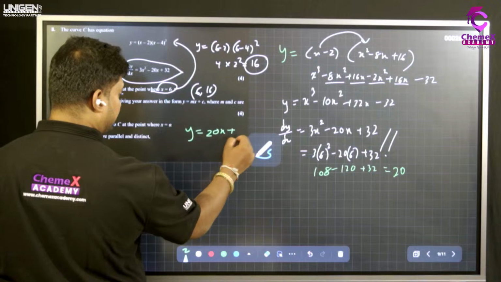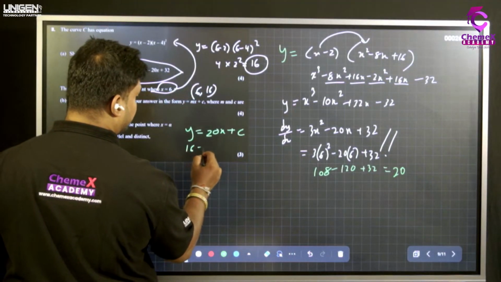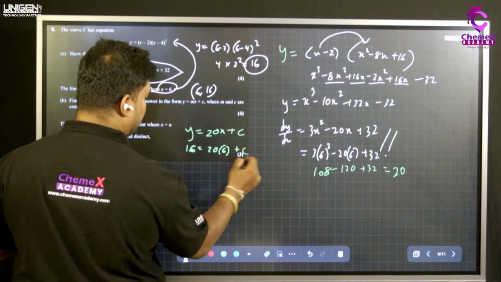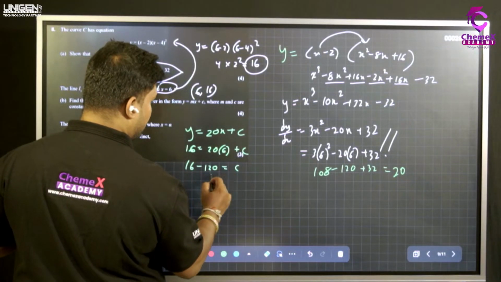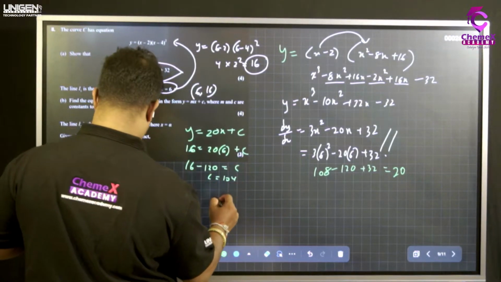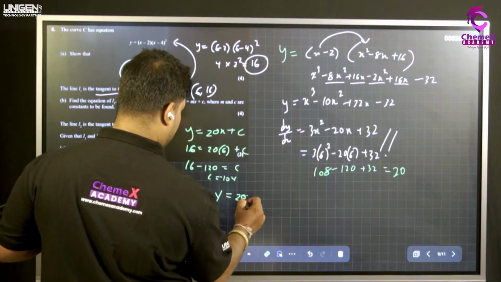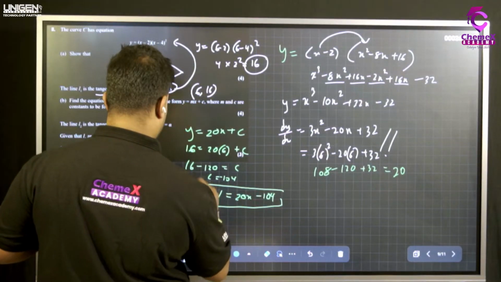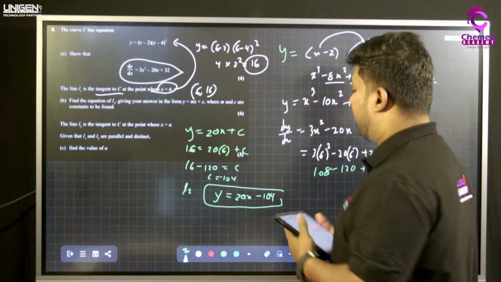So y is going to be 16 minus 120, c equals minus 104. So y equals 20x minus 104. This is the equation of L1 actually, not 2.